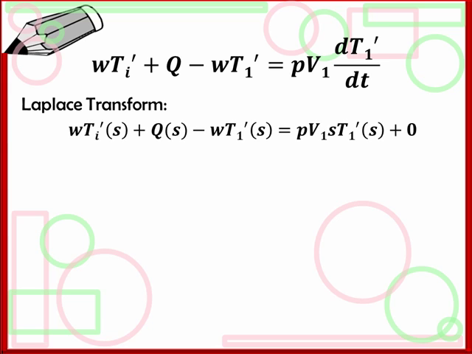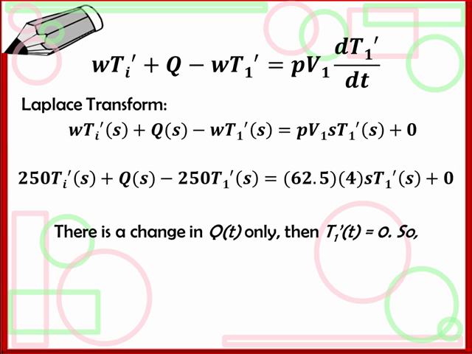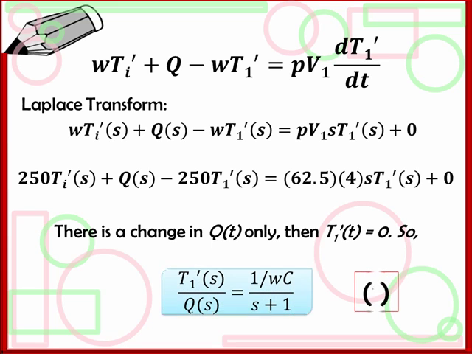Substituting the given values as well as the deviation variables, and knowing that there is a change in Q(t) only, then Ti prime of t is equal to 0, so we can get this transfer function relating T1 prime of s and Q of s. This will be our first transfer function for the process.